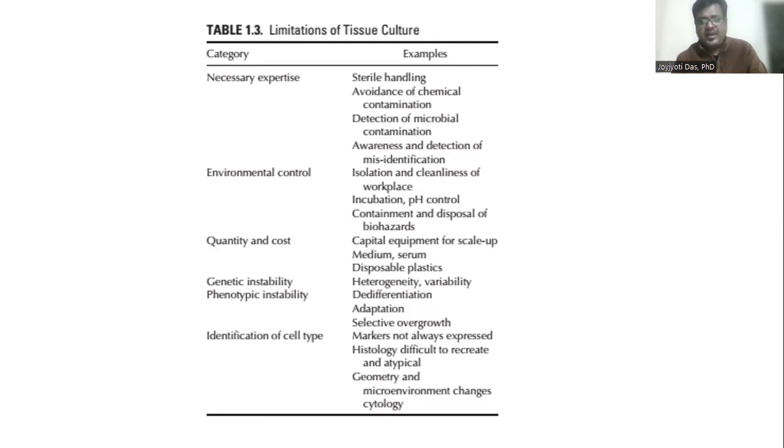Okay, and identification of cell type may be a limitation, because in histotypic culture or organotypic culture, it is difficult to analyze the different characterization of the composition cells, and it may not always be easy to recapitulate or recreate the original tissue while you are culturing in vitro, with whatever close resemblance possible.